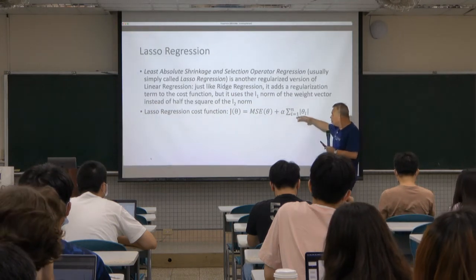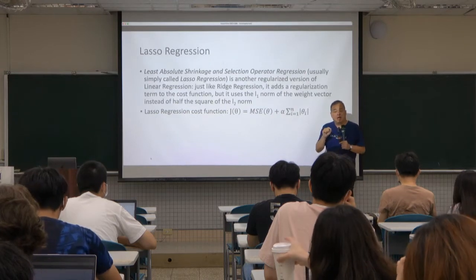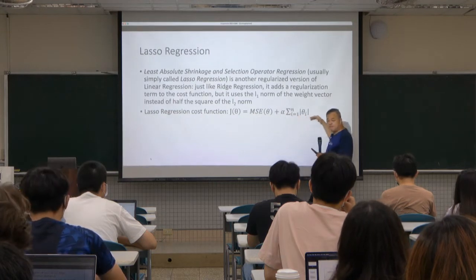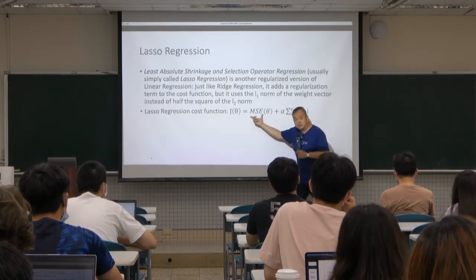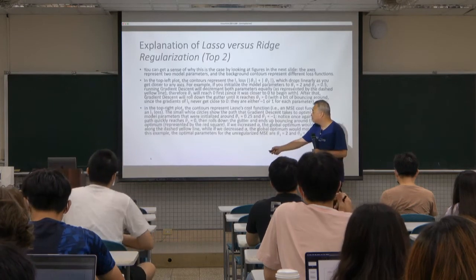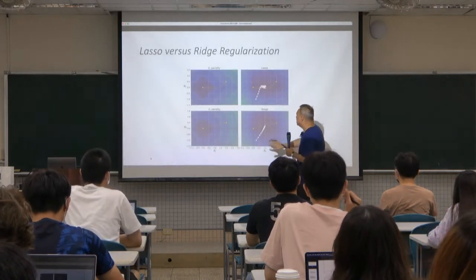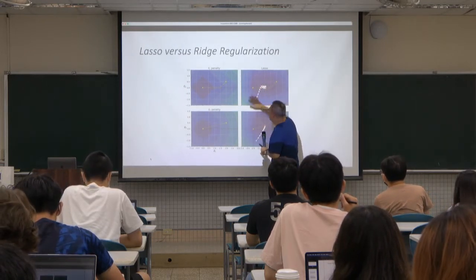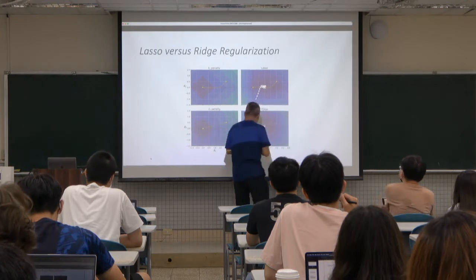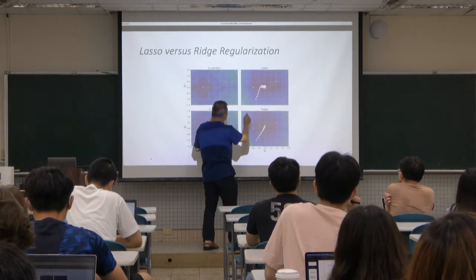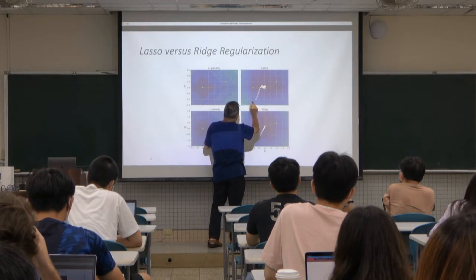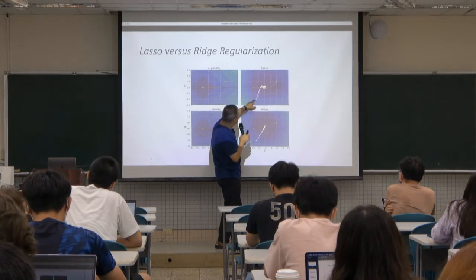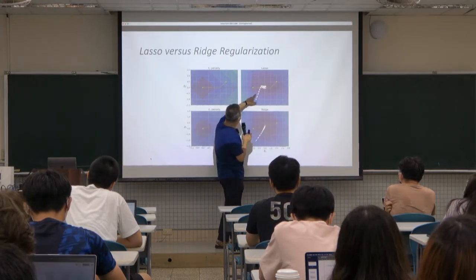So when I say the trend of the cost function, I mean the trend of the whole thing, the sum of these two terms. Here, this shows the sum of the whole cost function. You can see the path it traverses.